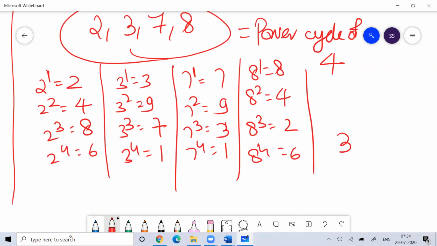If I ask you what is 3 to the power 93, what is the unit digit? 93, so four. 7 times 3.